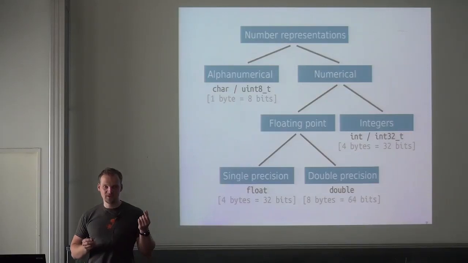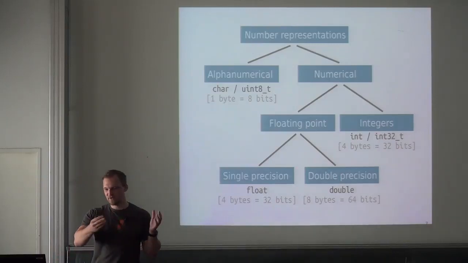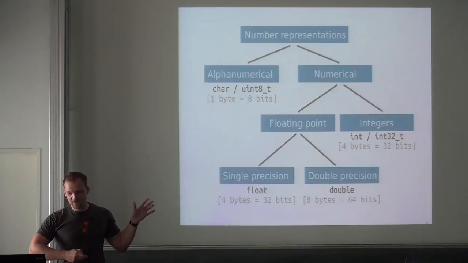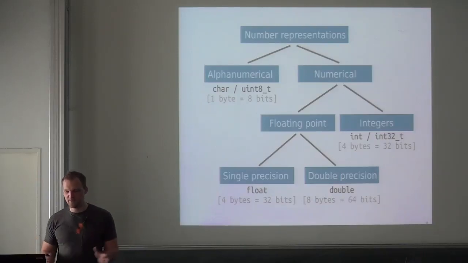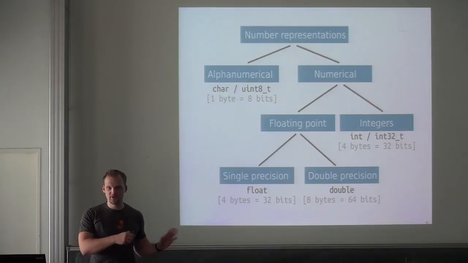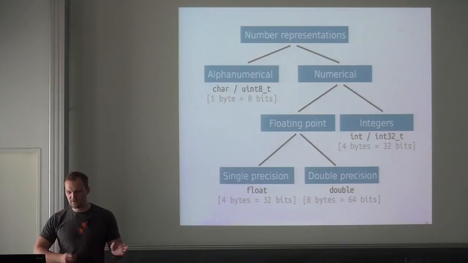If you want to make sure that you can have one kind of cell in your memory, on your hard drive or in your RAM, char is the type for you, and that's why people use it. We will not focus on it a lot now. We will go more into integers and floating point numbers.